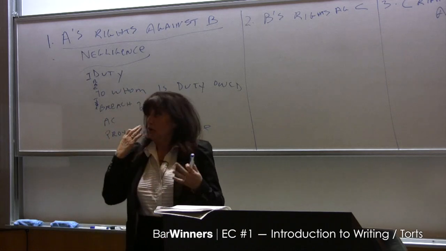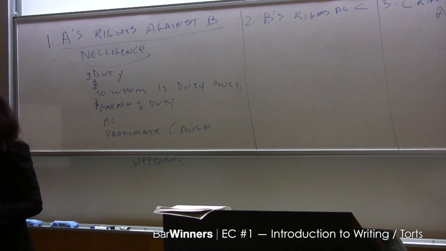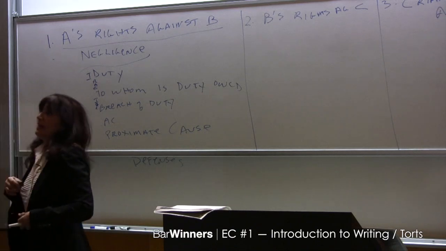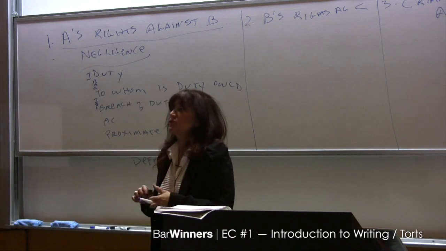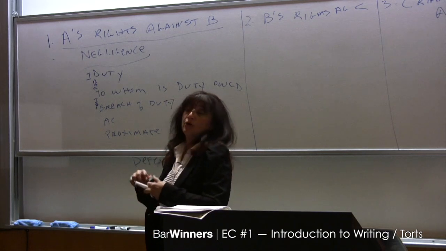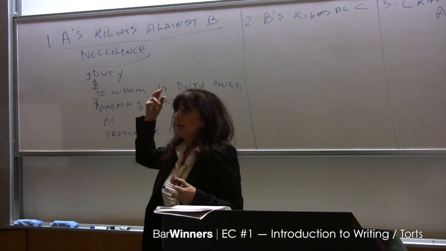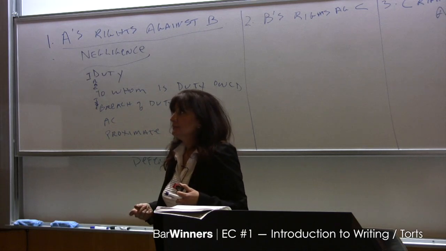B was embarrassed and hurt. It was the actual cause of B's injury. It was the proximate cause of B's injuries as nothing intervened. B was damaged, and there are no available defenses. Done. Boom, boom, boom. Okay?